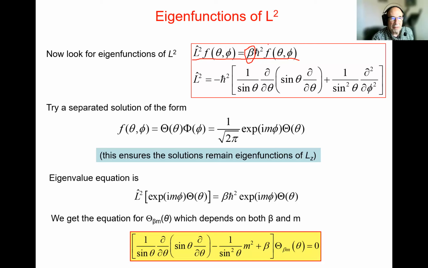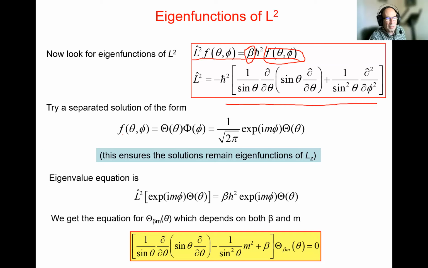So then we have this wave function here again. This is our equation for eigenvalues and eigenvectors. But now the operator is much more complicated because we went into spherical polar coordinates. And so L squared is represented in this way.